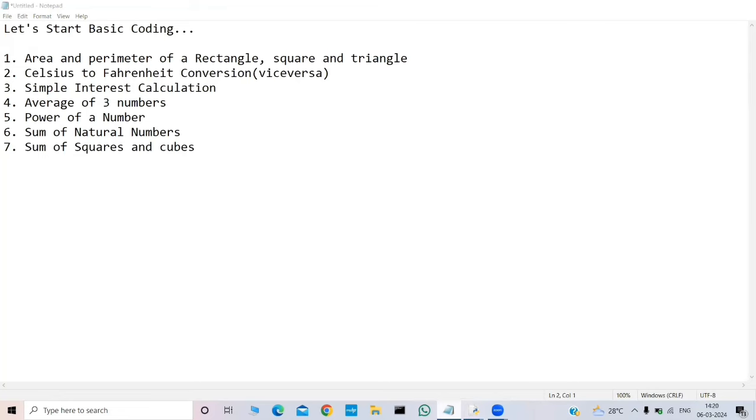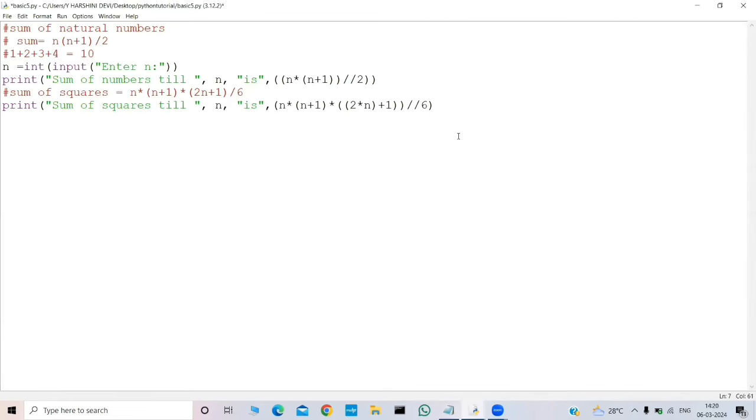Okay, let's find out the sum of cubes also. Okay, sum of cubes will be n square into n plus 1 whole square by 4.